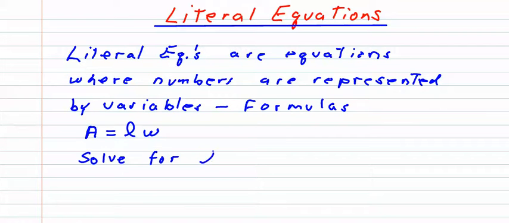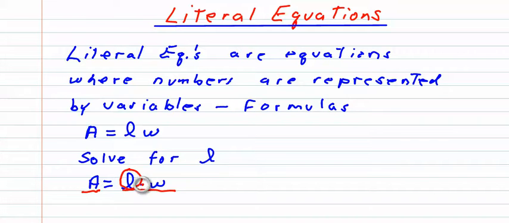for the length, you would take the equation, area equals length times width, and you would divide both sides by what? I want to get the length all by itself. It's multiplication.